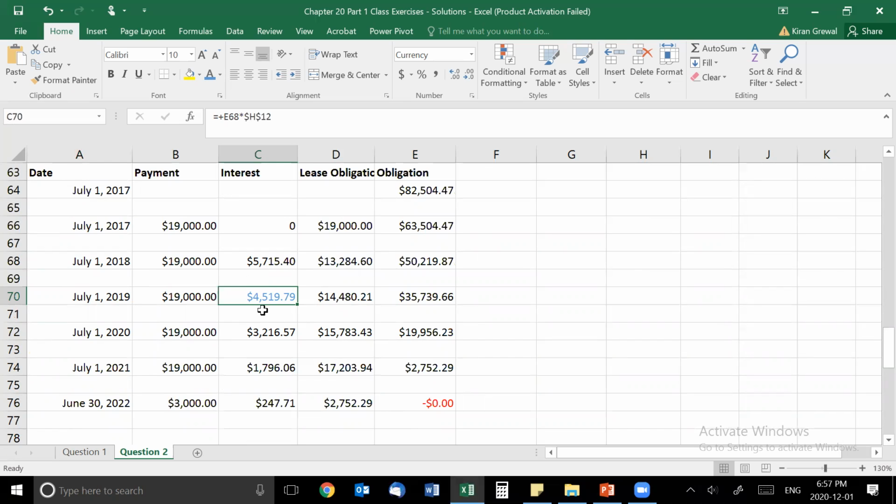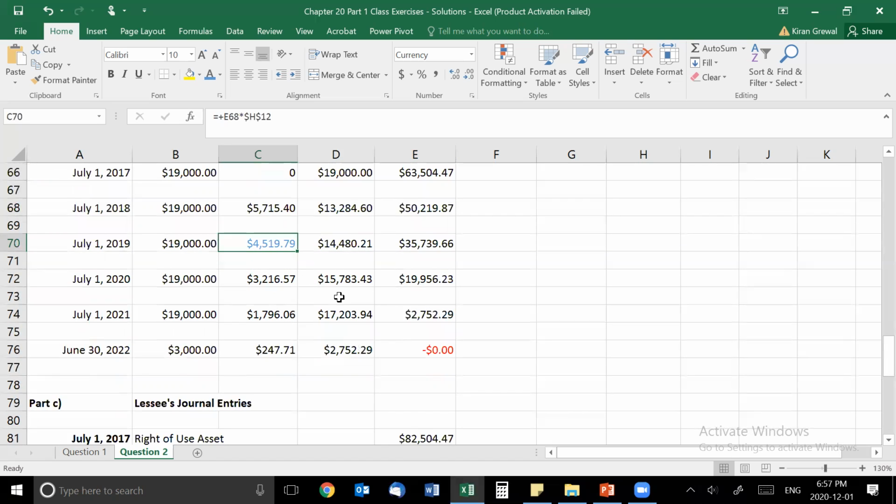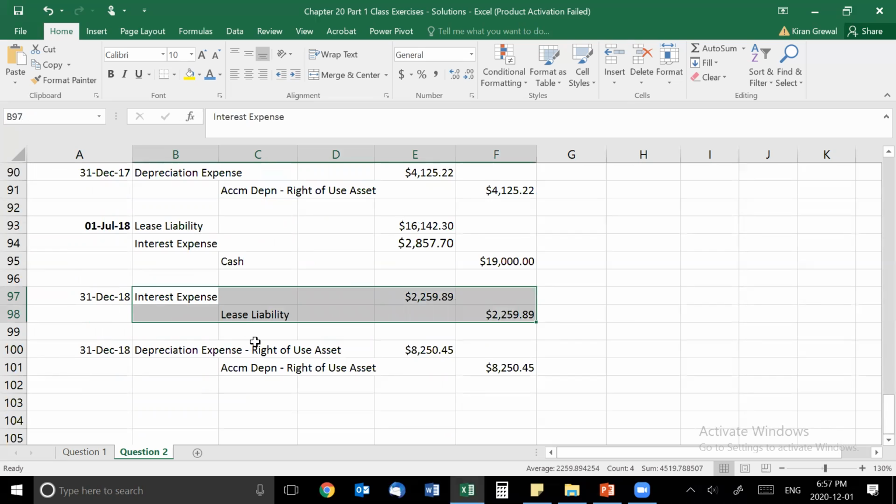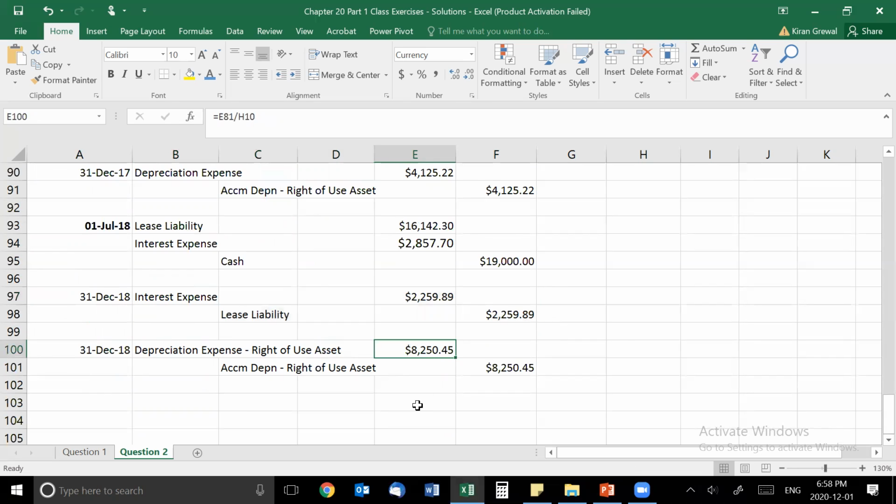We only want to go until December, so we got to do the same thing we did in 2017, cut this in half and only record half of it for interest expense in 2018. And then December 31st, 2018, we can do the depreciation expense for the whole year. So that's just your 82,505 divided by 10. Okay, so really watch out for when the lease starts compared to your year end.